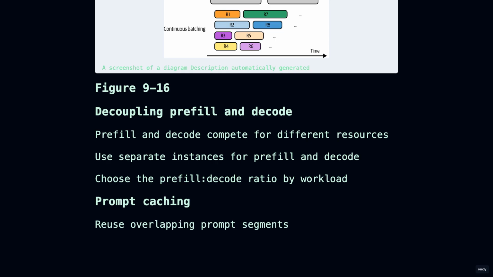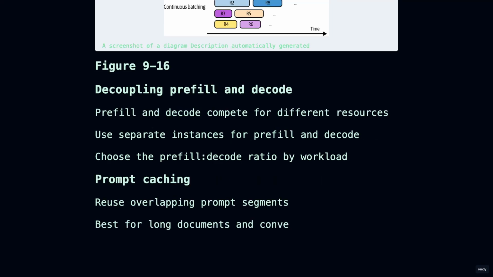The first request pays the cost, and later requests can skip that duplicated work. Prompt caching becomes very valuable when the shared context is large, such as a long document or multi-turn conversation. In those cases, the saved tokens add up quickly.